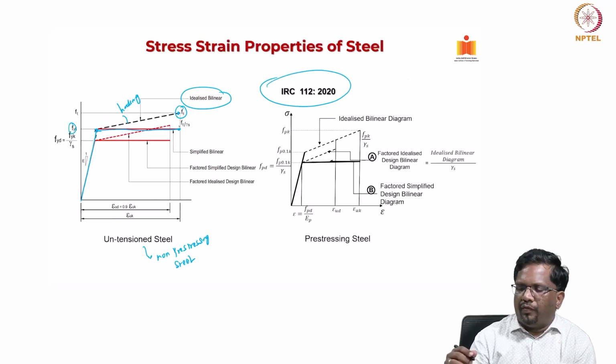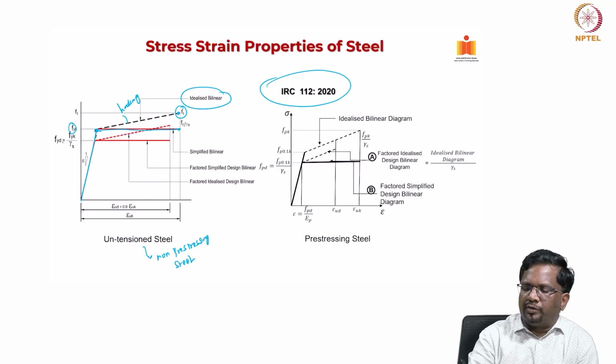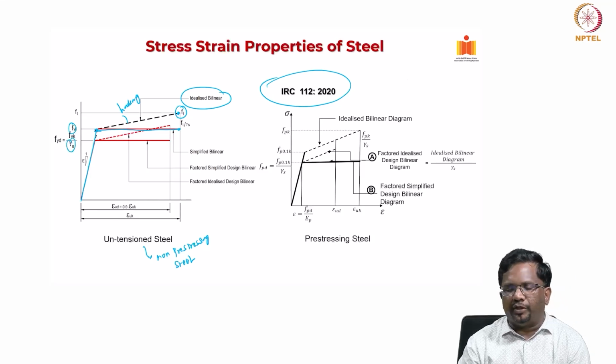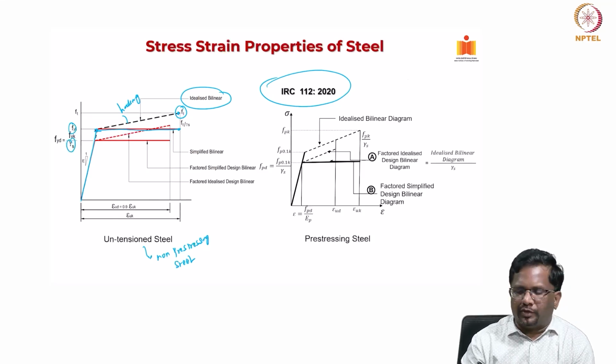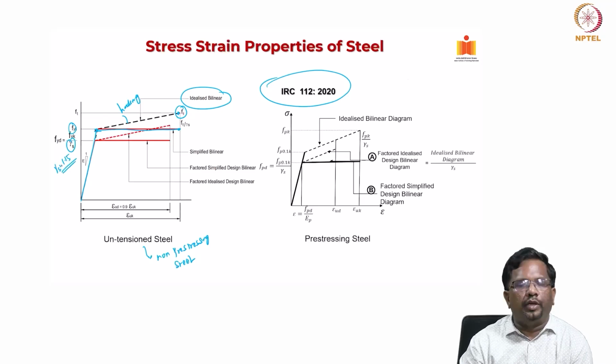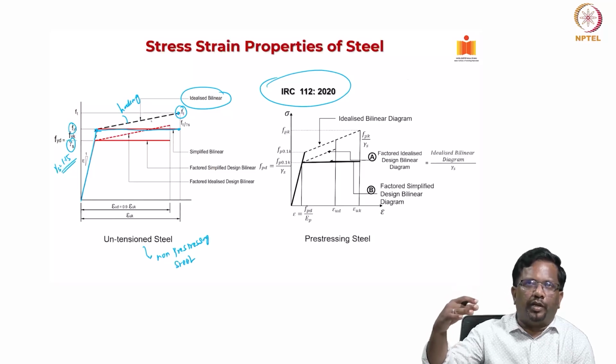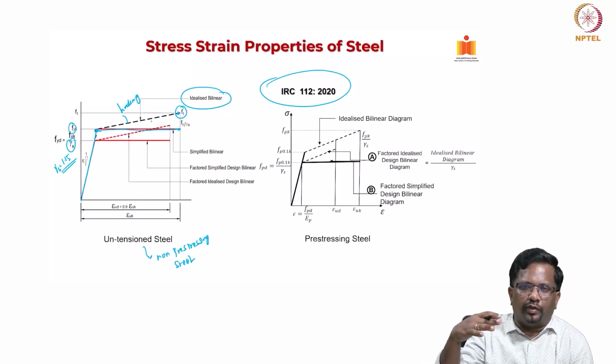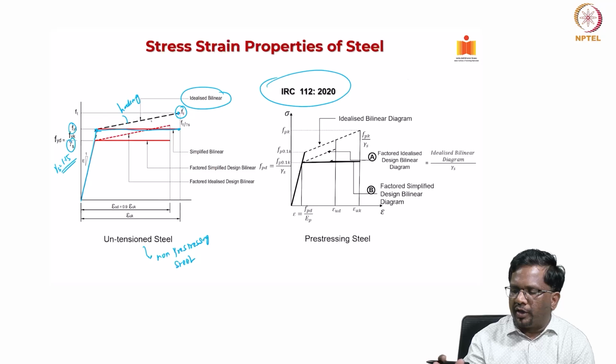Now, we can also divide this by a material factor of safety, which is typically 1.15. We take gamma S equal to 1.15, right. And then the bilinear curve, whether with hardening or with no hardening, the entire response can be divided by gamma S to come up with again two types of curves.